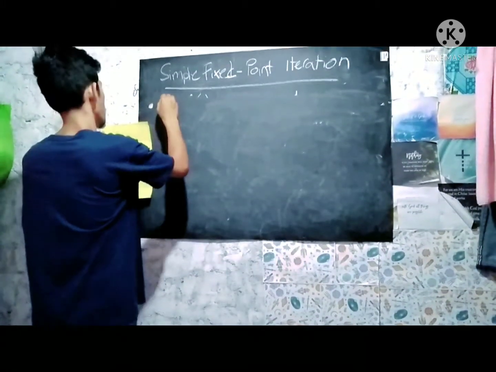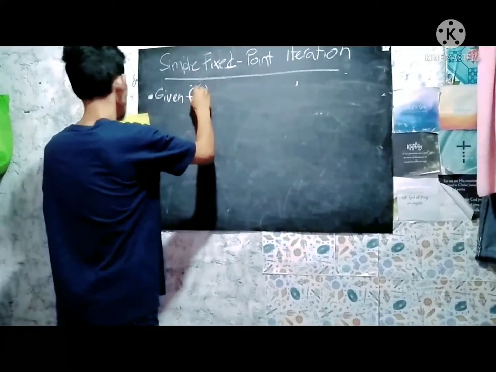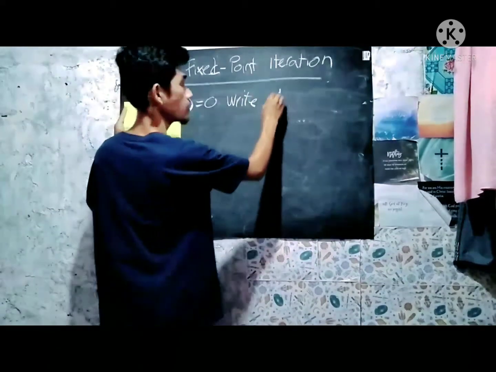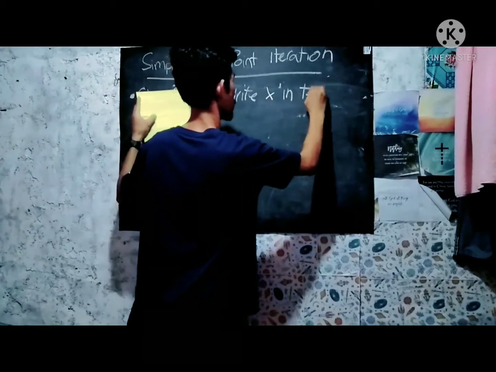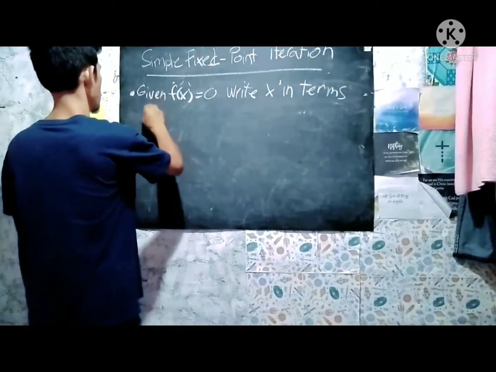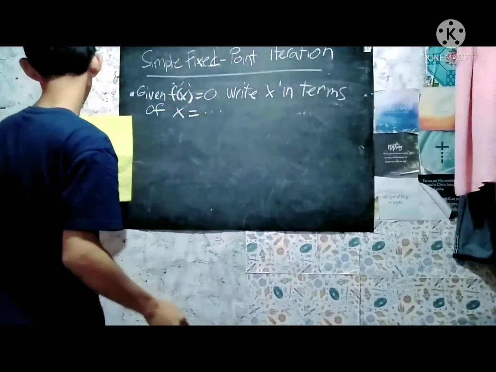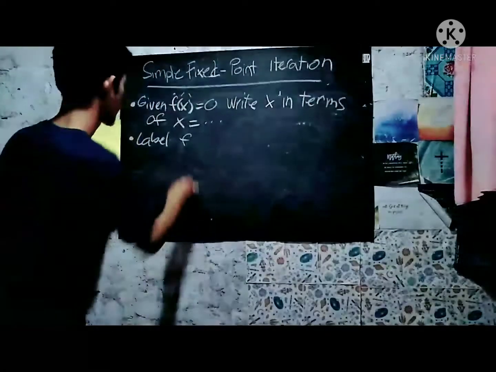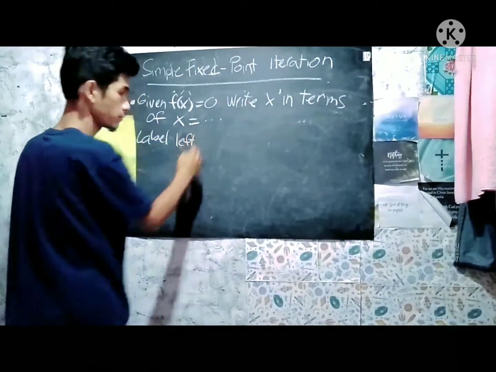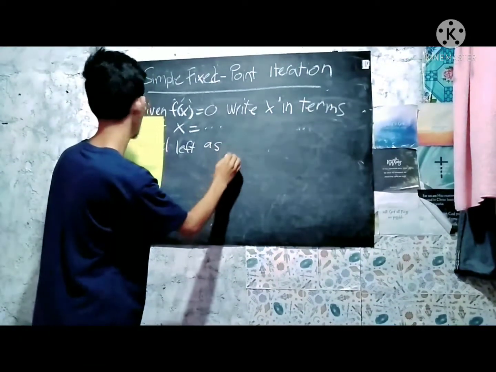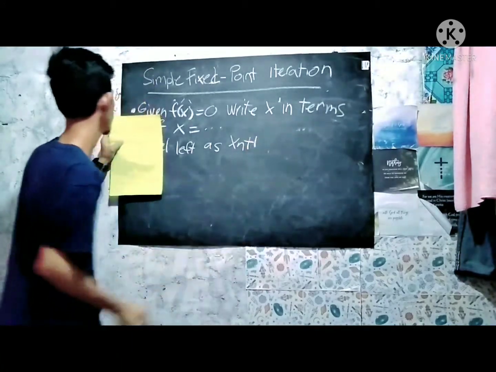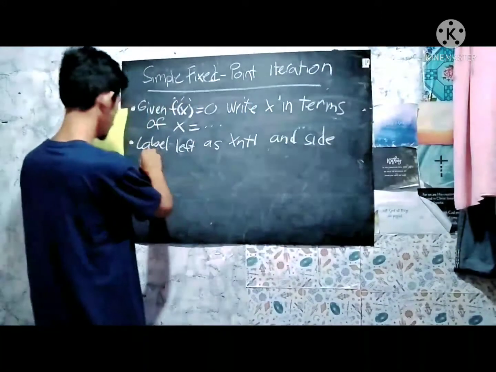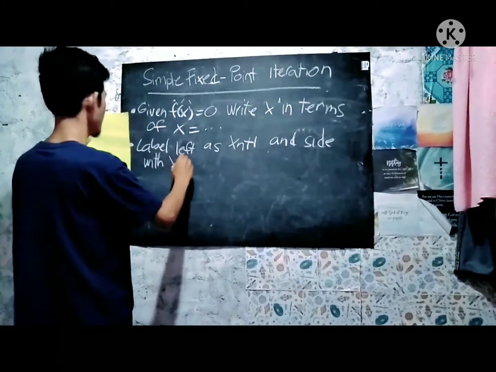If we are given f of x is equal to 0, write x in terms of x, x is equal to something, and then label the left side as x sub n plus 1, and the right side with x sub n.